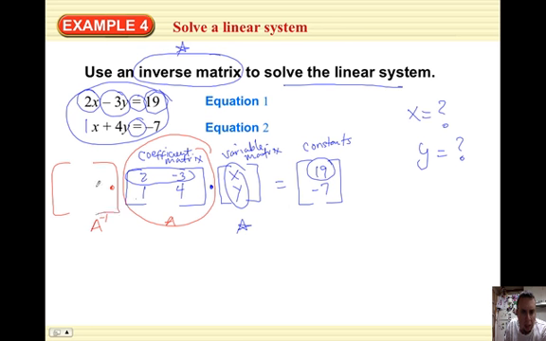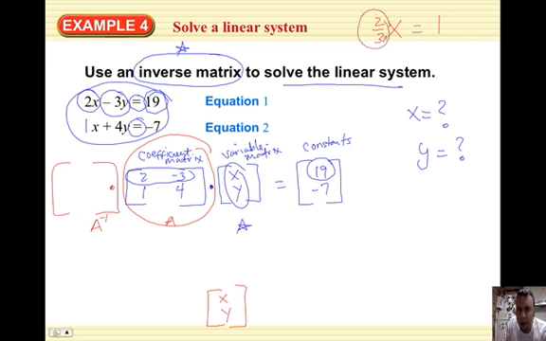This times its inverse is basically kind of like 1. It goes away, and you're going to be left with x and y after you multiply these two together. It's kind of like 2/3 x equals whatever you want. I want x by itself, just like I want xy by itself. But I need to get rid of this.